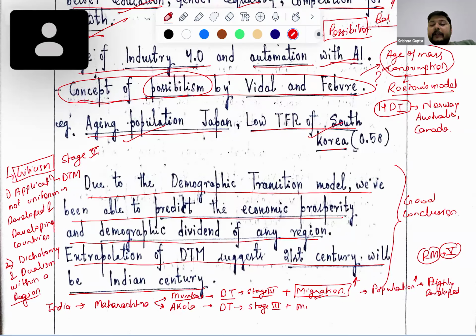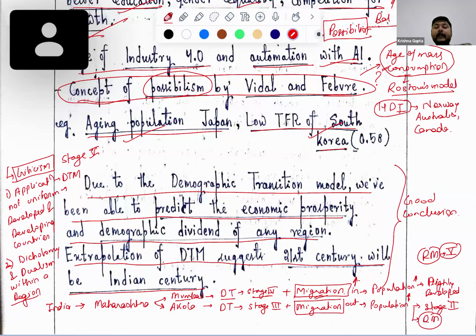And here the migration is almost negligible. Here there is out migration, there it is in migration. So the population is increasing in the natural way. And this region is currently under stage 2, that is the pre-takeoff condition of the Rostow model.